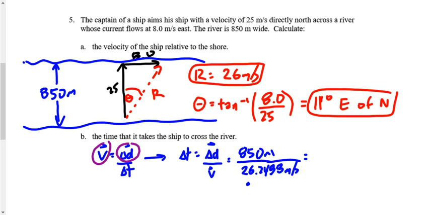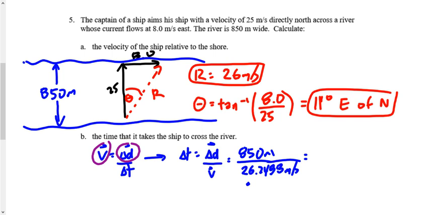Doesn't matter what the direction is, but they've got to be the same. So if I want to use 26, that's fine. That's the diagonal velocity. But I've got to use the diagonal displacement, which I don't have. I could find it using the 850 and the angle, but there is a quicker way.